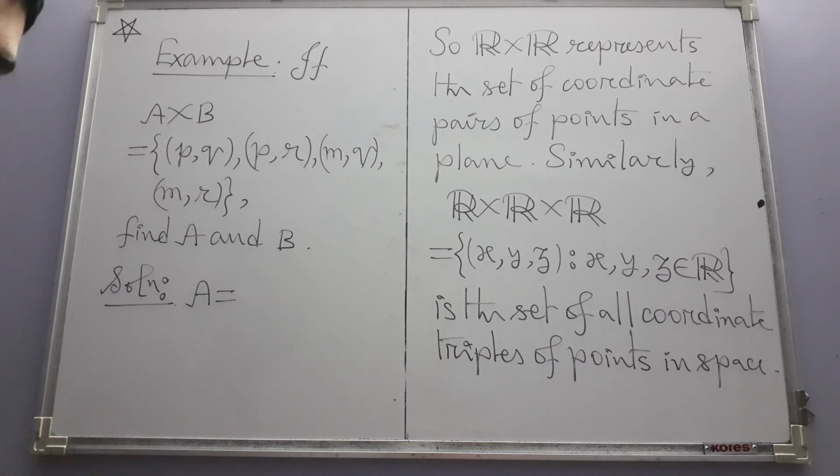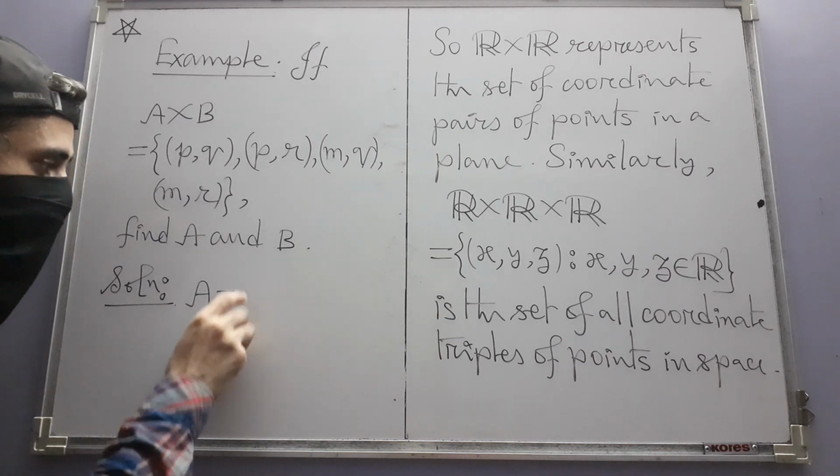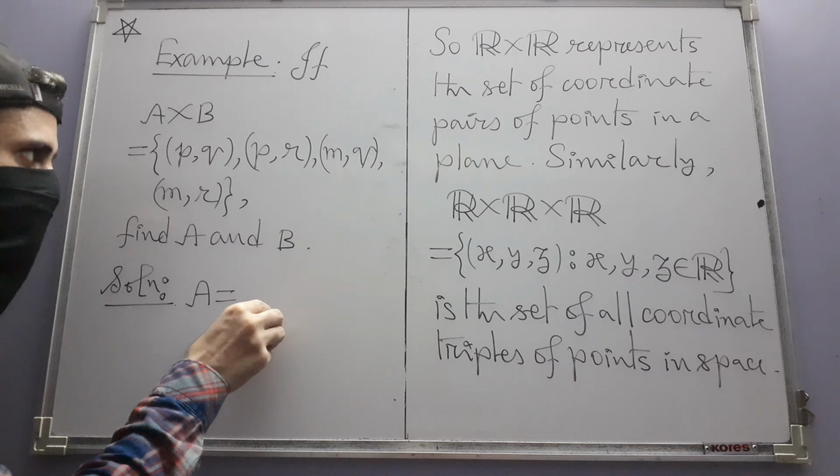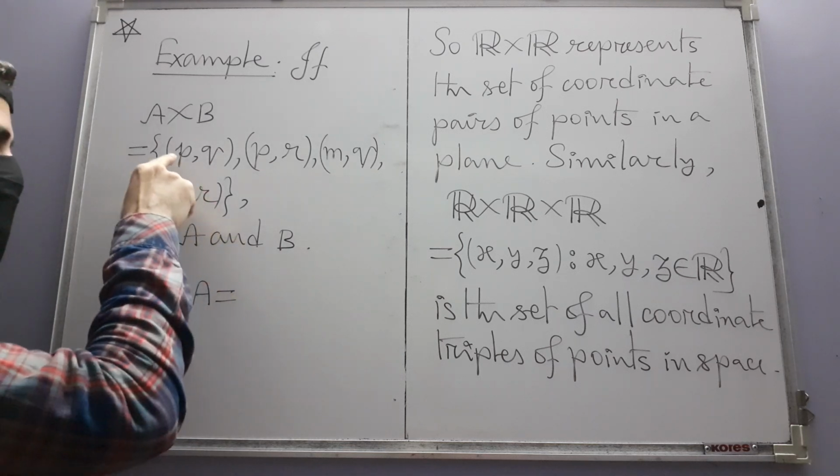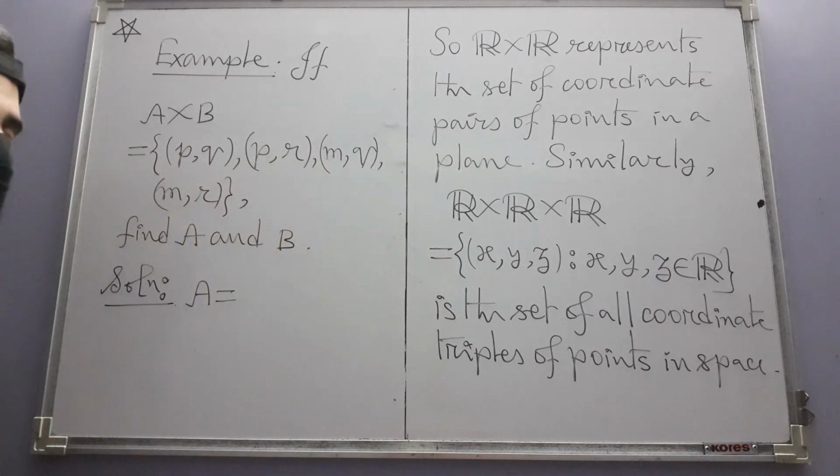What should A have? A should have those elements that have become first coordinates of these ordered pairs.